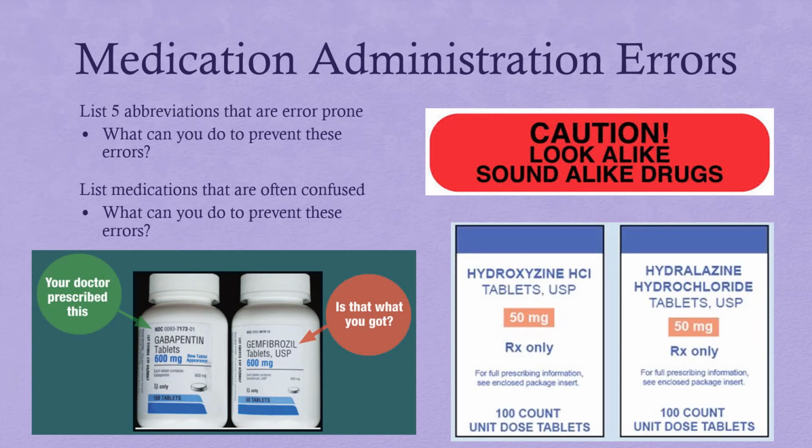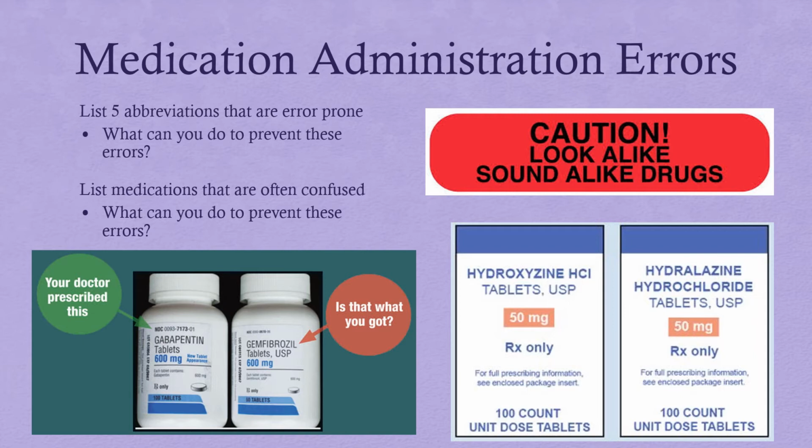Look-alike and sound-alike medications can be problematic. We can list 5 abbreviations that are error-prone, and I'm going to let you do that on your own. And then what are some medications that often are confused? And then how do you prevent those errors? Gabapentin is an anticonvulsant. Gemfibrozil is a cholesterol med, but they look pretty similar when you look at them together.